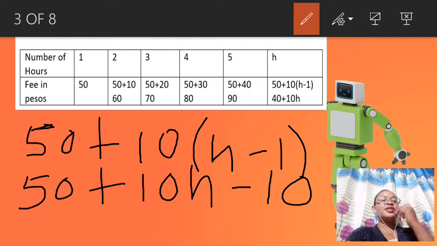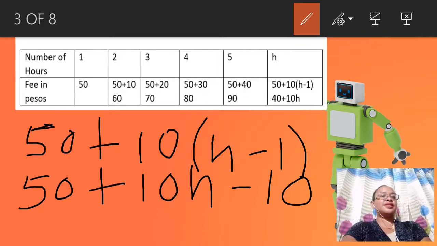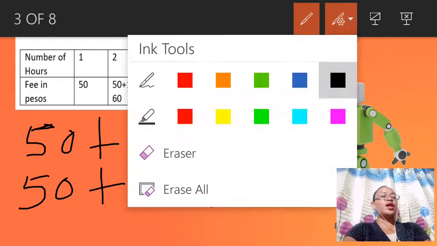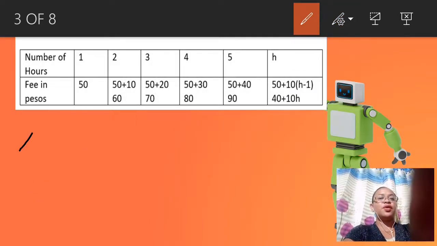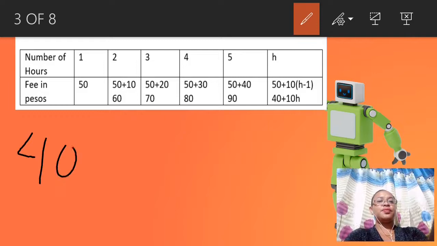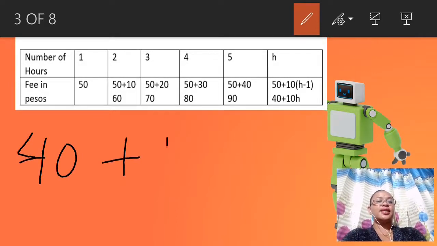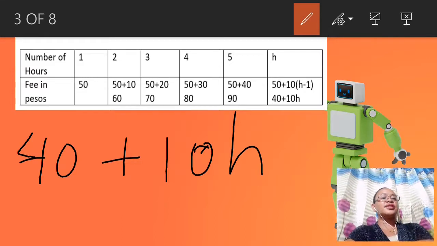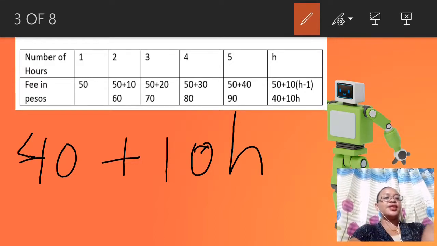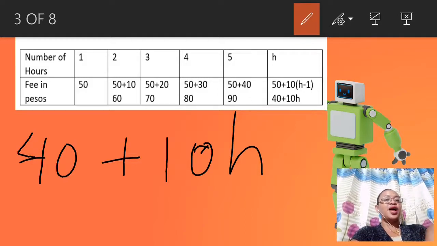So our final answer will be 40 plus 10h. So this is our algebraic expression for our situation. So that is how we model the situation earlier with an algebraic expression.